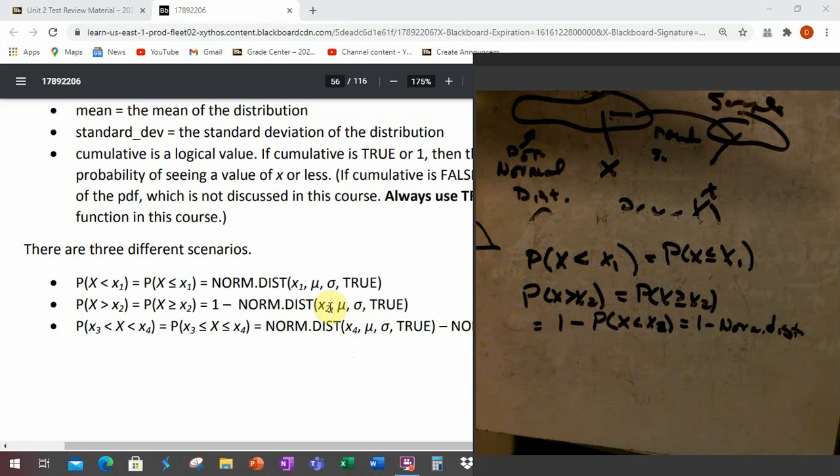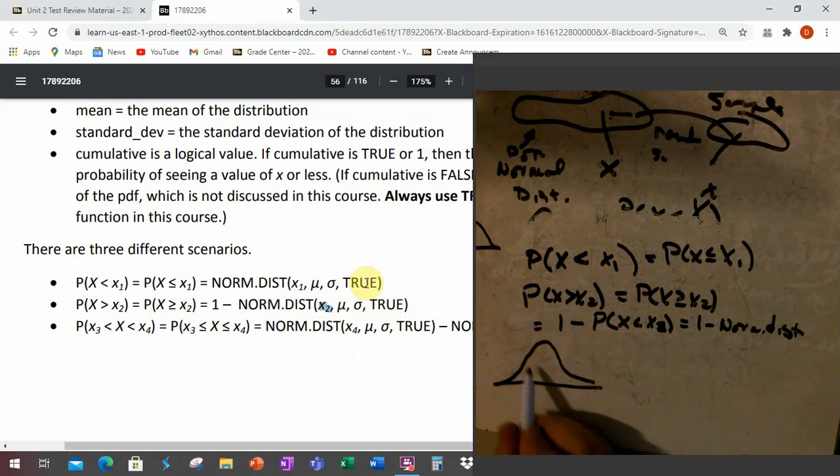That x2 value, the mean, the standard deviation, and again, we're always using true. And then our final situation is when I want to know the range. So I've got some upper, the way they've used this is here's x3, keep all different numbers.